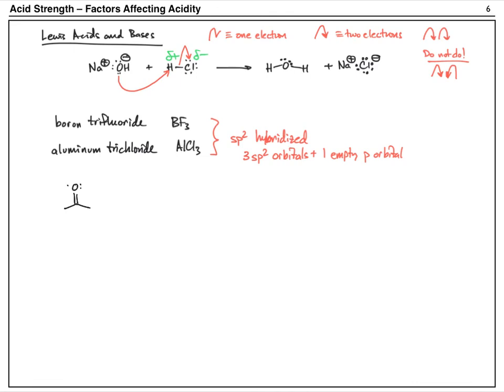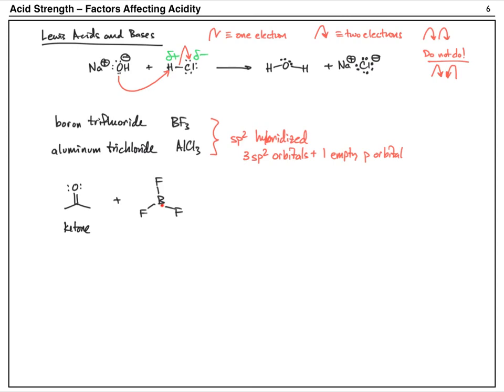If you were taking this ketone and you were treating it with boron trifluoride, we can count 2, 4, 6. So there's 6 electrons. It does not have an octet. It's a neutral species. Notice there's no charge.